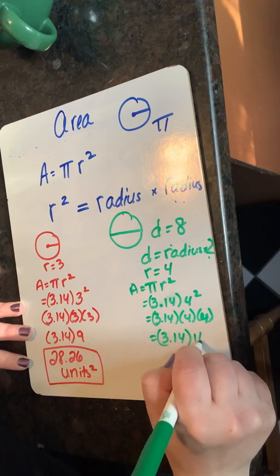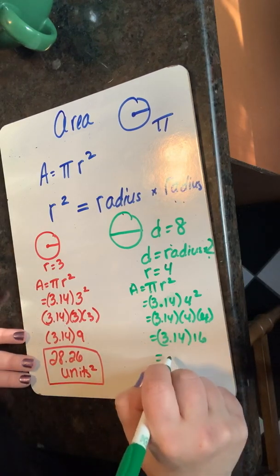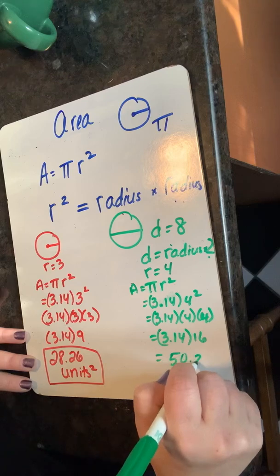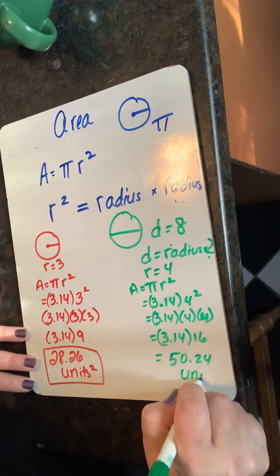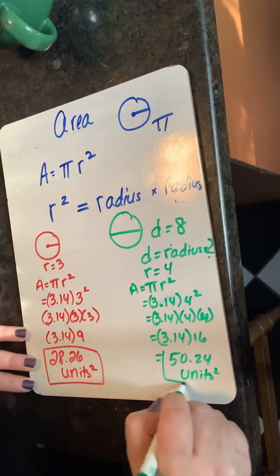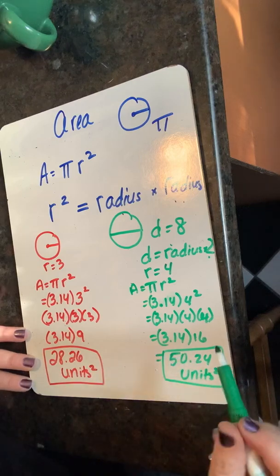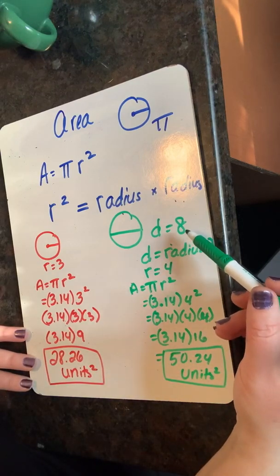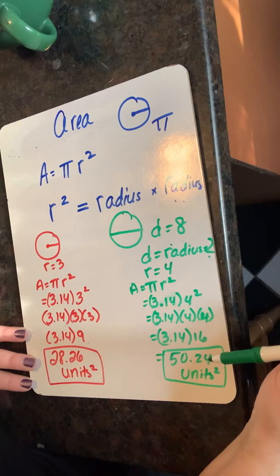So 16 times pi, and that's going to give me 50 and 24 hundredths units squared. So the area of a circle with a diameter of 8 is 50 and 24 hundredths units squared.